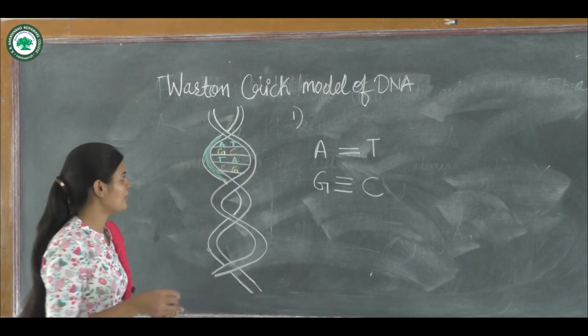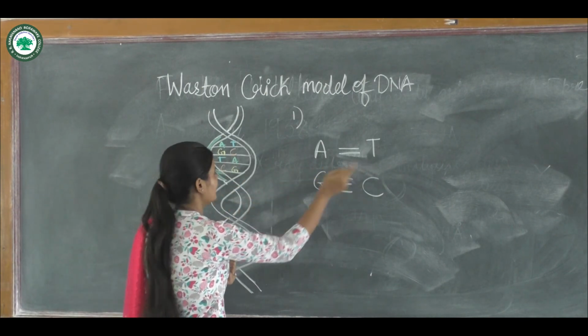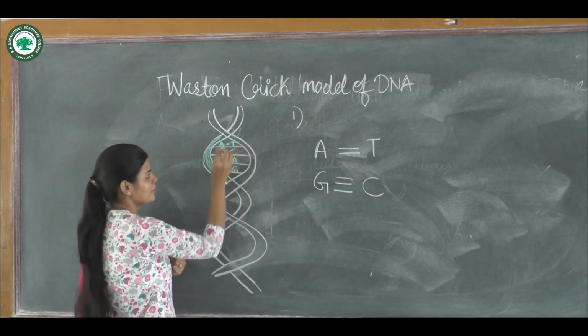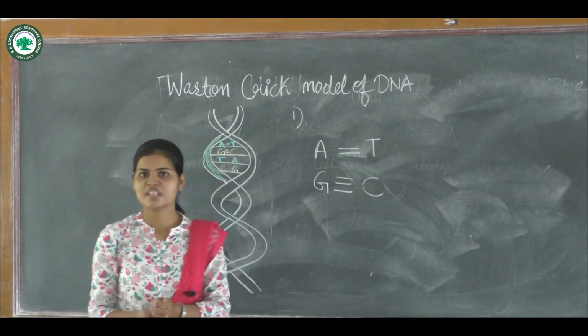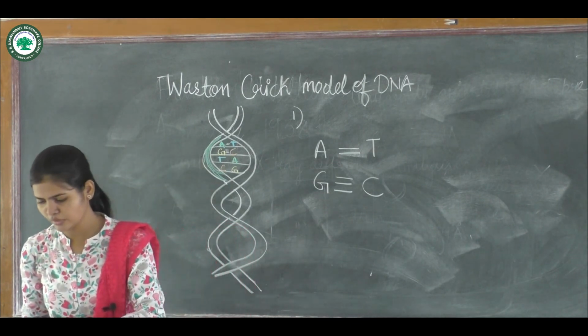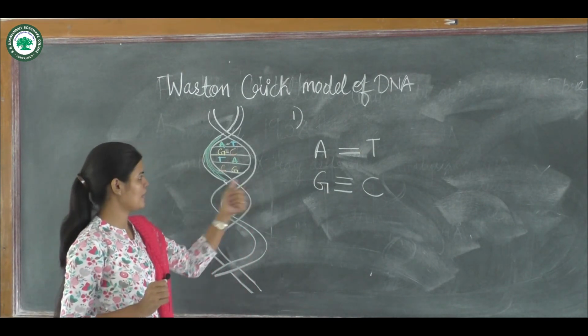Between A and T there is a double bond, between G and C there is a triple bond. This is how the hydrogen bonds are present.